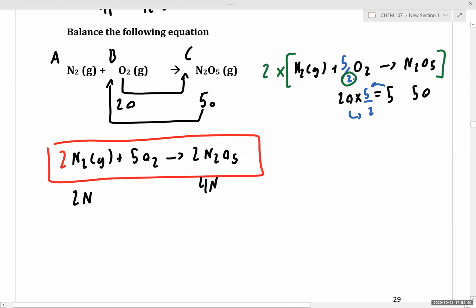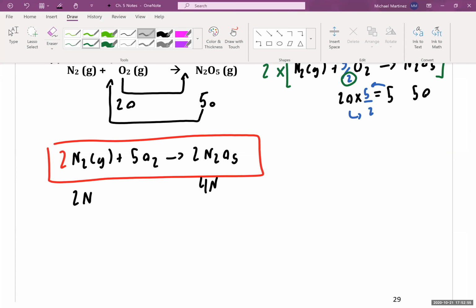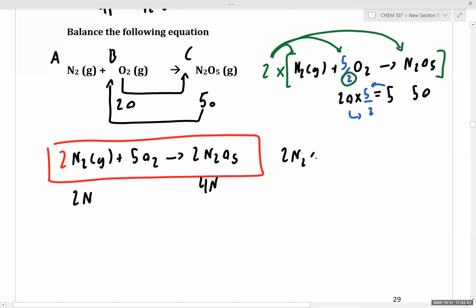Does that idea make sense? You find the largest number in the denominator of our fraction, and you multiply each of our coefficients by that number. So that in turn gives us a final equation of 2N2 plus 5O2 leads to 2N2O5.